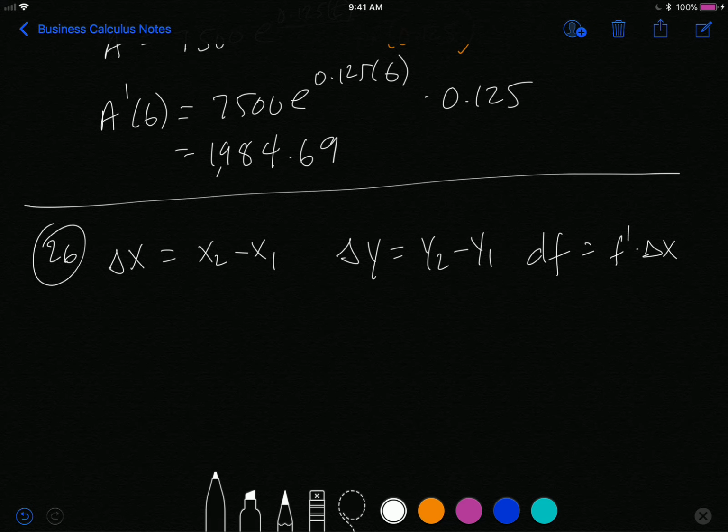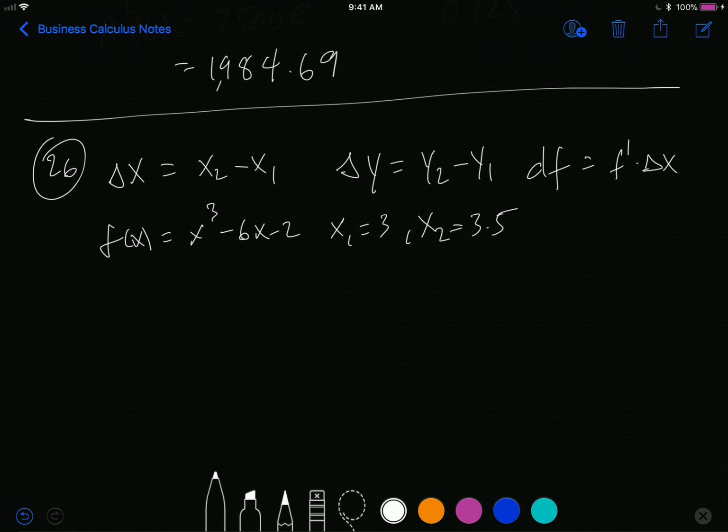So the question says f of x is equal to x cubed minus 6x minus 2. This tells us that x1 is 3 and x2 is 3.5. So delta x is simply 3.5 minus 3. The change in x is 0.5.